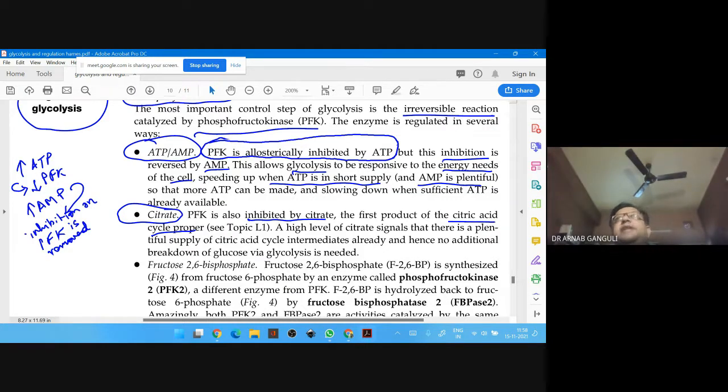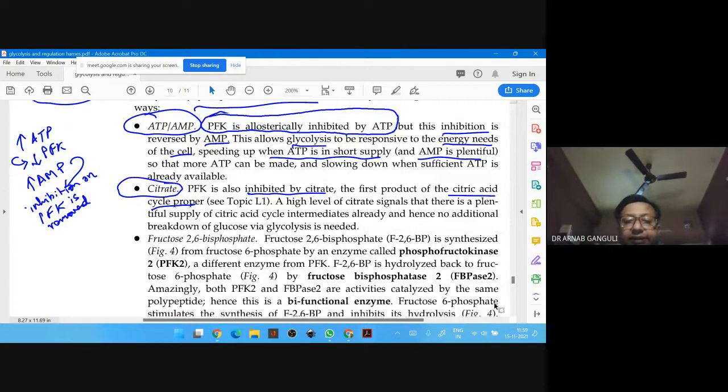If there is a lot of citrate present, that means glycolysis is not needed, because citrate is the downstream product of glycolysis. Pyruvate enters into the Krebs cycle and forms citrate, isocitrate, and other compounds, which you will study much later. But if there is a lot of citrate, it means one intermediate product is there in high amount. That means no more glycolysis is needed. That is, the energy of the cell is quite high.